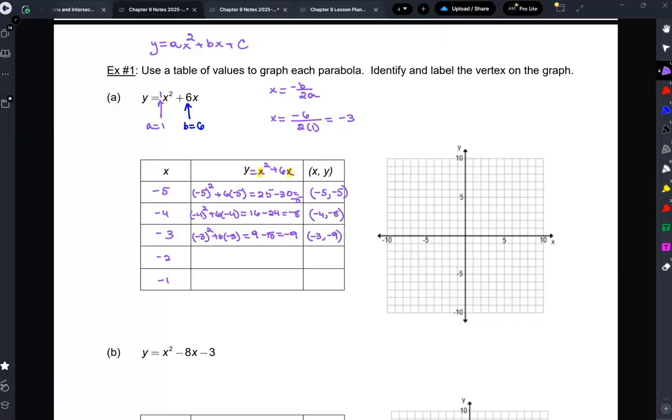-3, -9. Okay, now look. This is the vertex. What we said was they were going to be symmetrical, right? So whatever this is, that's a -8, right? So it has to be -8 now.